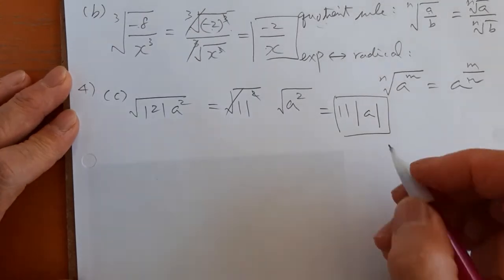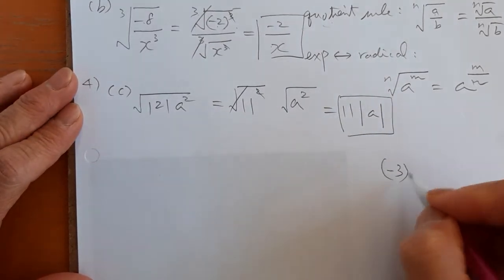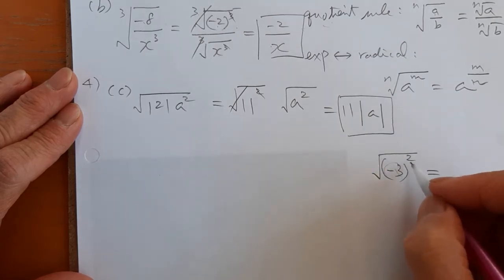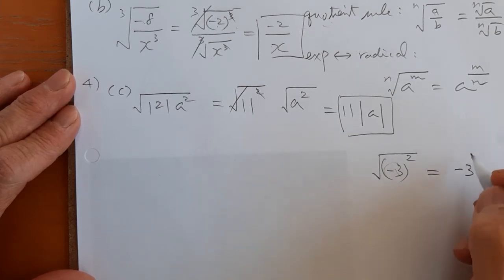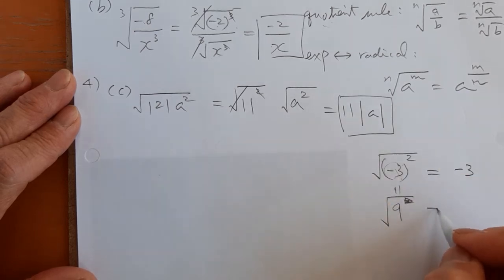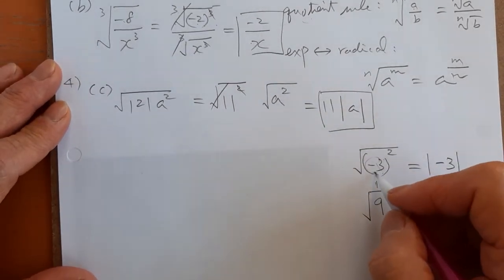Because, for example, if a is negative 3 and you just put negative 3, that will be wrong, because negative 3 squared is 9. Take square root, it becomes positive 3. So you put absolute value.